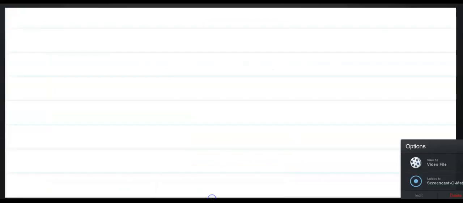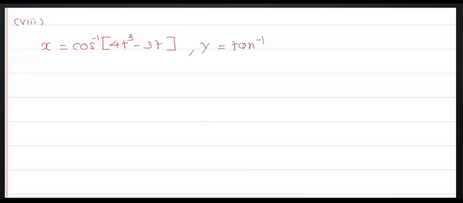Now the next example. Eighth example. x is equal to cos inverse in bracket 4t cube minus 3t. y is equal to tan inverse of root of 1 minus t square upon t.